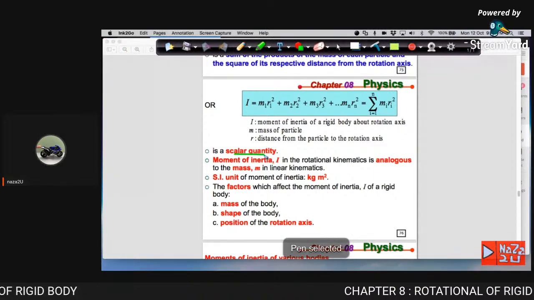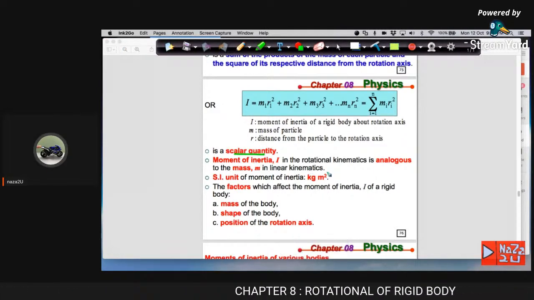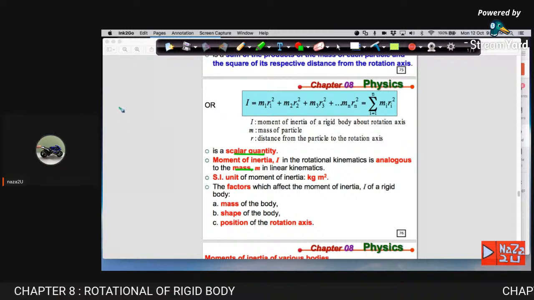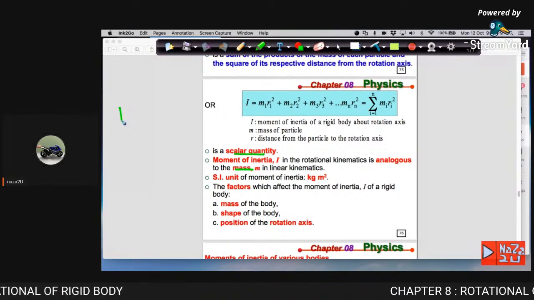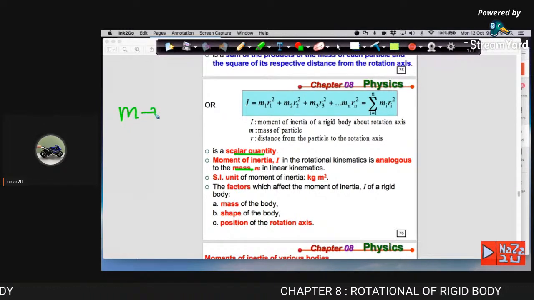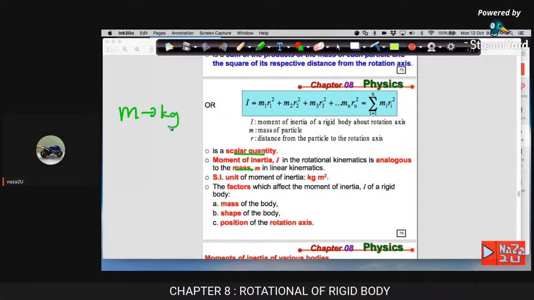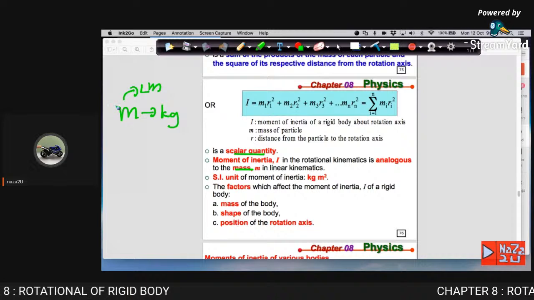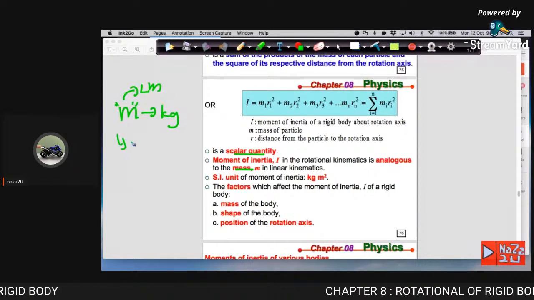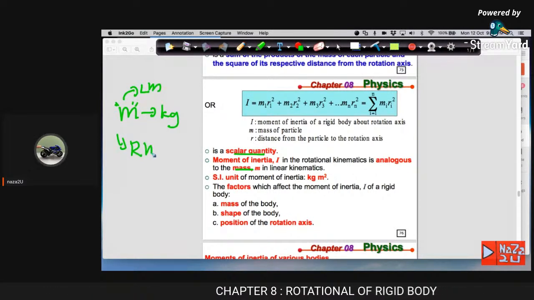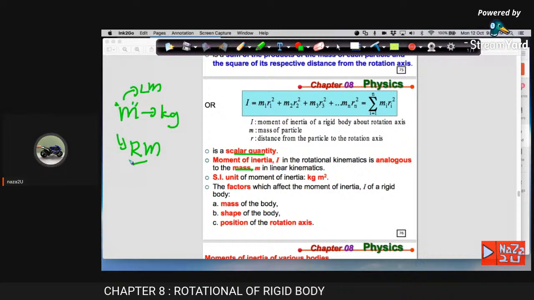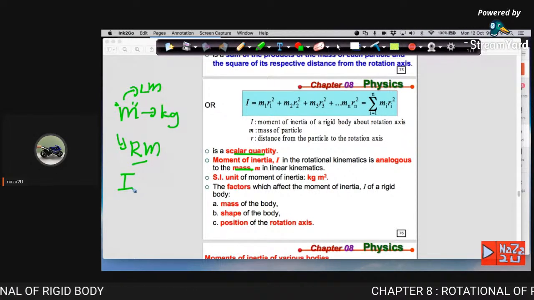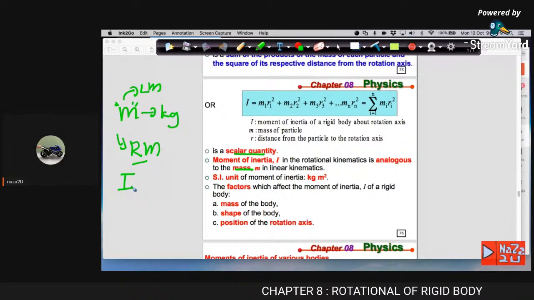This scalar quantity, moment inertia is analogous to the mass m. Kalau dalam linear motion, mass simbol dia m, unit kilogram. Kalau dalam rotational motion, kita bincang mengenai mass juga, tapi merujuk kepada moment inertia I.